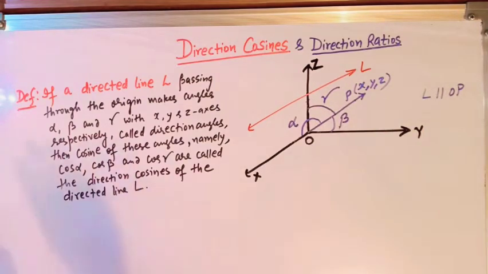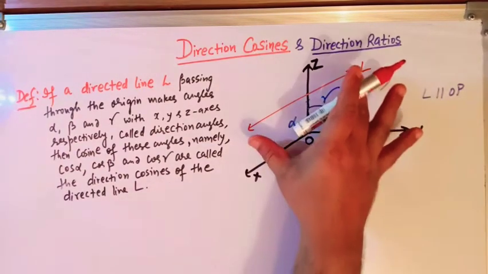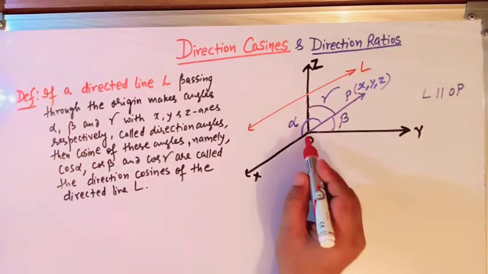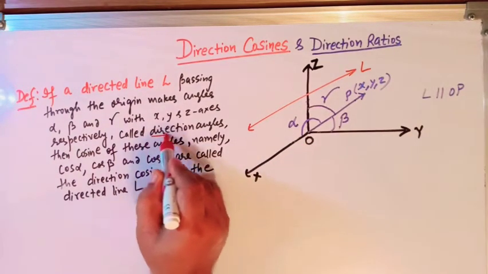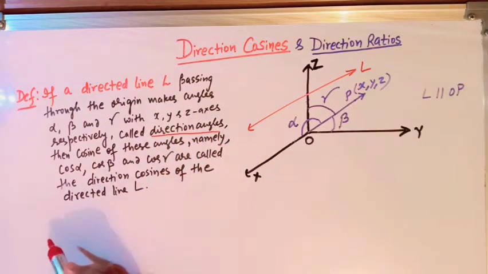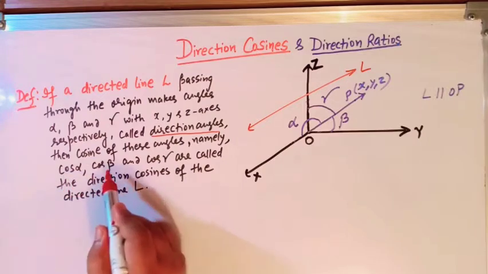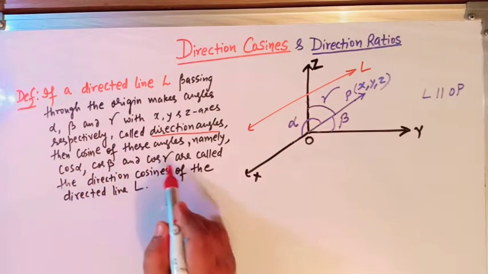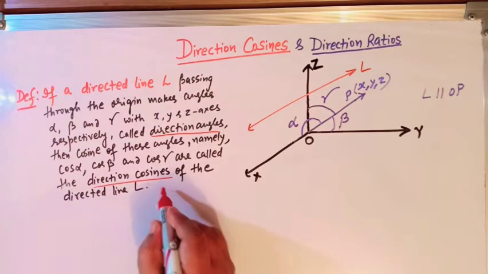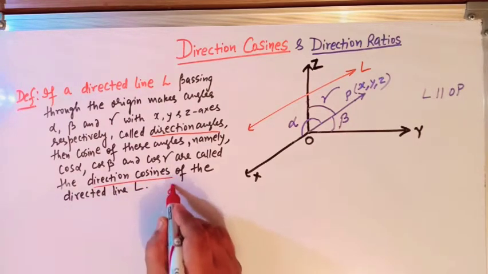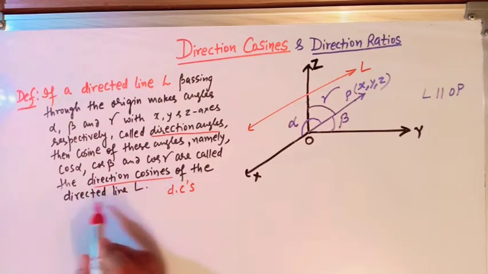Then these angles alpha, beta and gamma, which this line makes with the positive direction of these three axes, are called the direction angles, right? And the cosines of these angles, that is cos alpha, cos beta and cos gamma, are called the direction cosines, denoted as DCs, meaning direction cosines of the directed line.